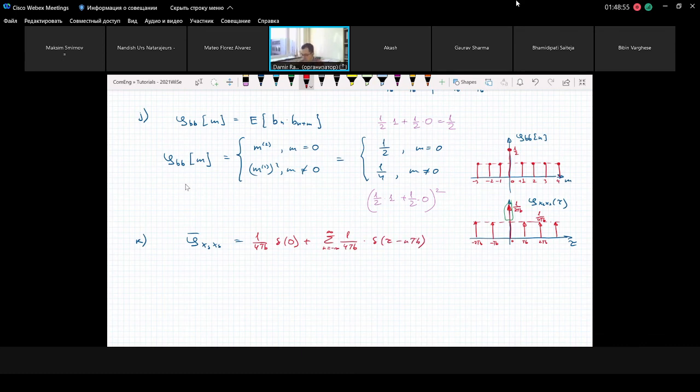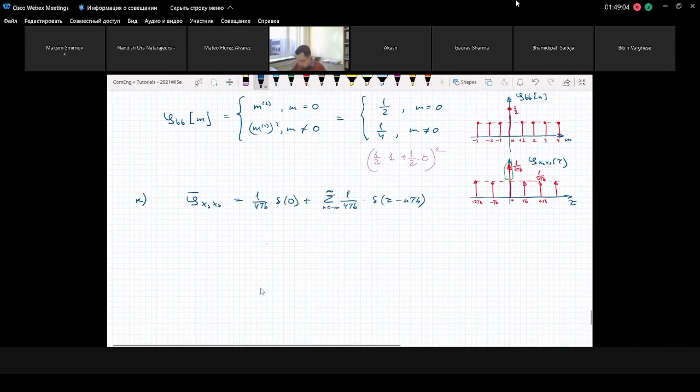I can write it in this way. So this is our autocorrelation function.